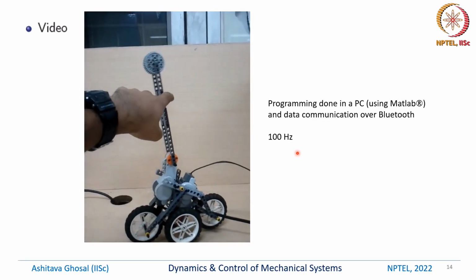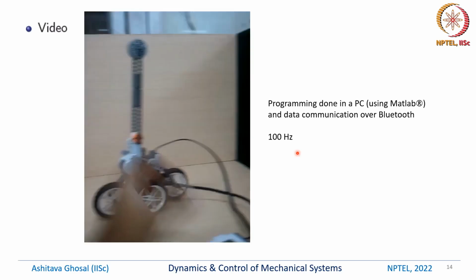So as you give a small input perturbation to the pendulum, you can see that the cart is moving. And the most important feature in this quick prototype is that the cart moves in the direction in which you are moving the pendulum.